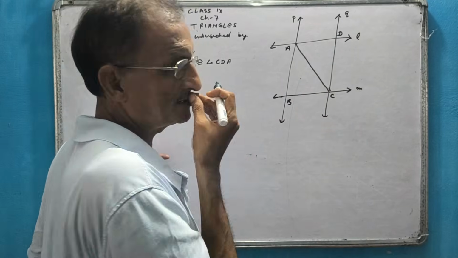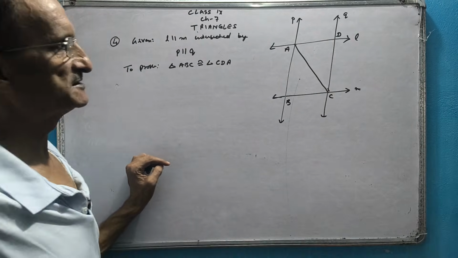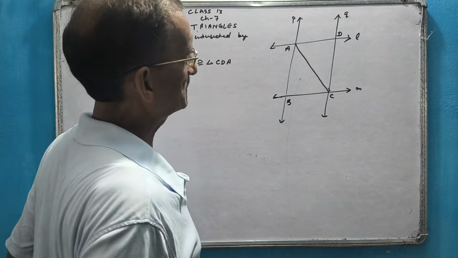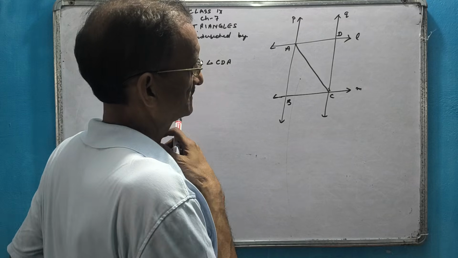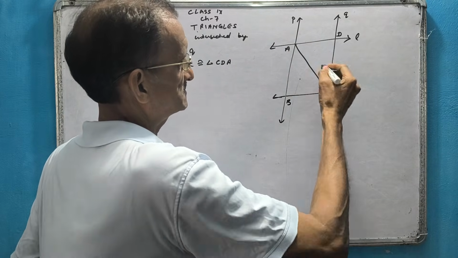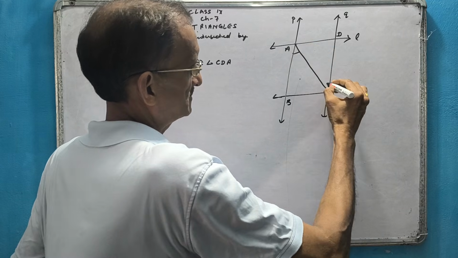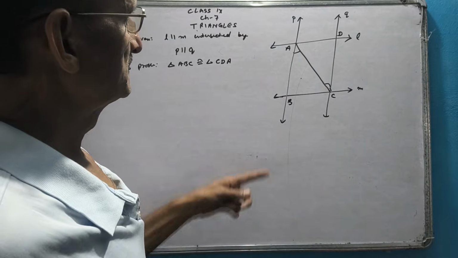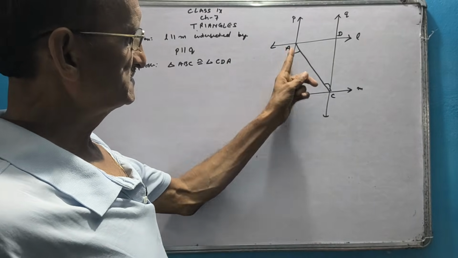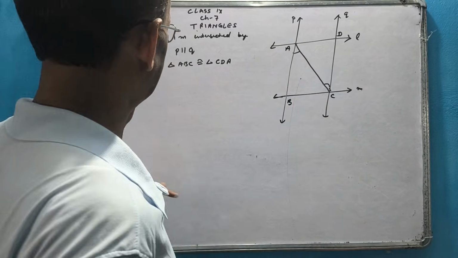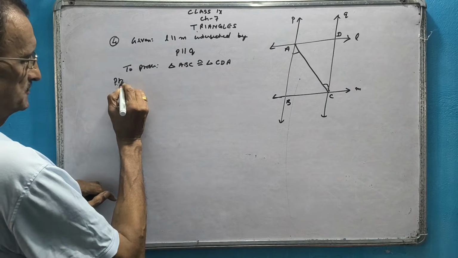In chapter 6, we have already the idea about parallel lines and transversal. Since P parallel Q, and AC the transversal, this line is parallel to this line, then this angle will be equal to this angle. Understood? You can start the proof.